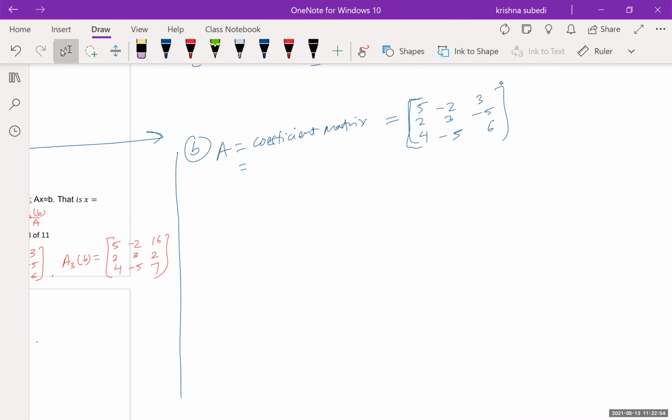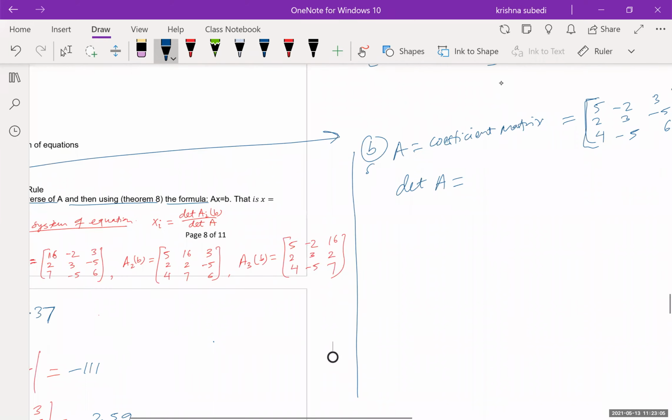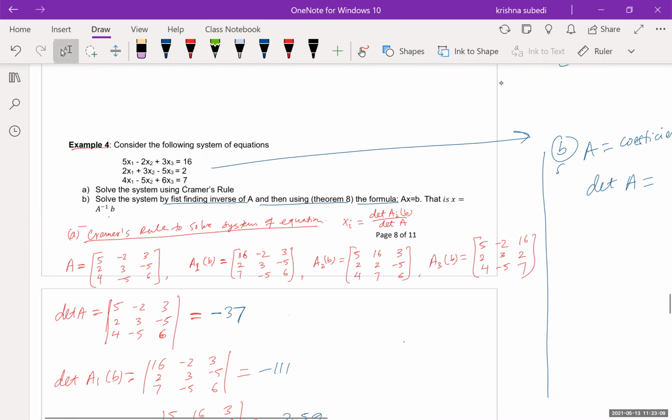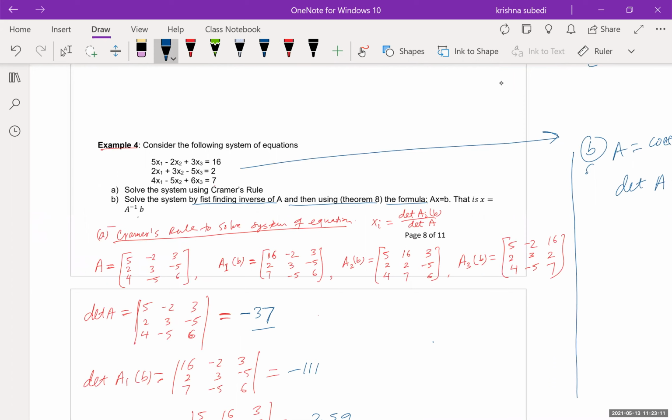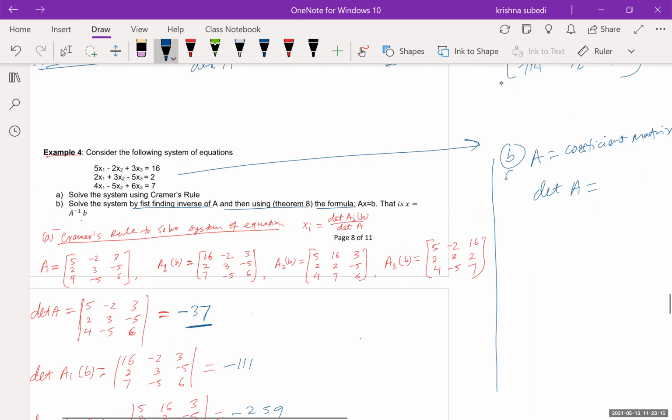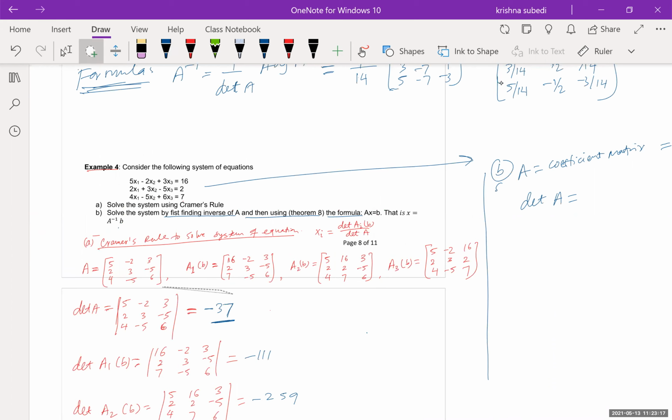Now I want you to find the determinant of A first. I believe we already calculated that in our previous class. The determinant of A is negative 37. Okay, let me just copy that down.